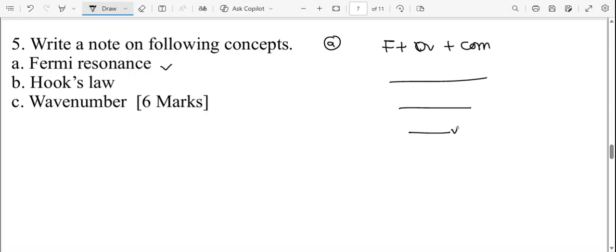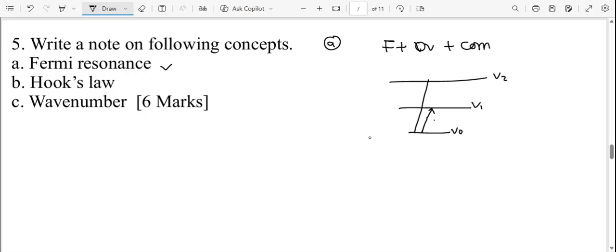The first band, let me say V0, the second is V1, the third is V2, and so on. The first excitation is what we call the fundamental vibration or fundamental band. Then the ones that come after are overtones. They are overtones.